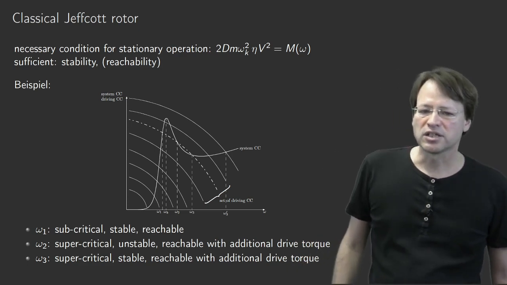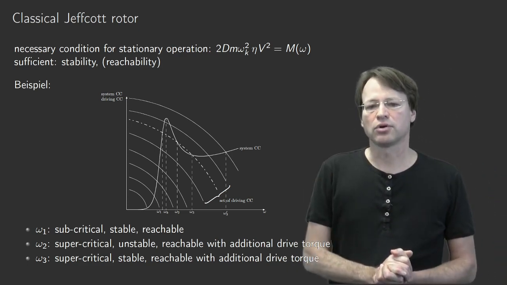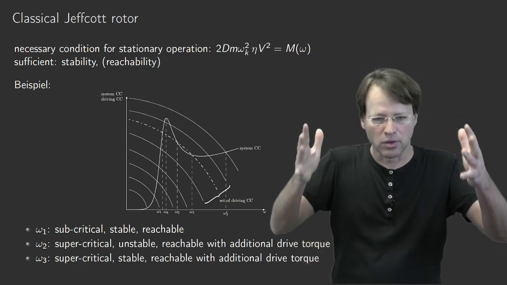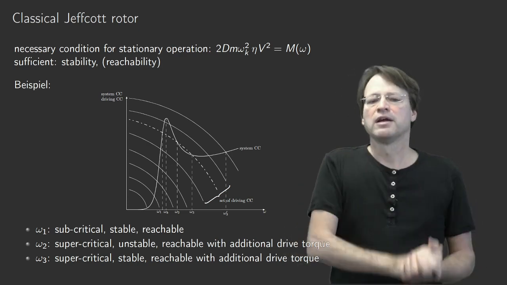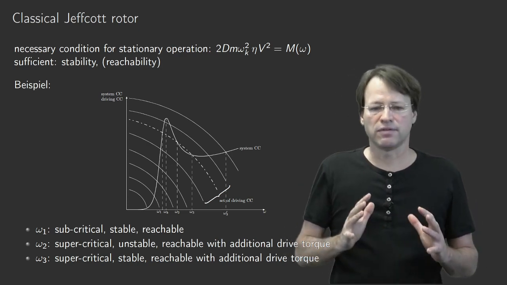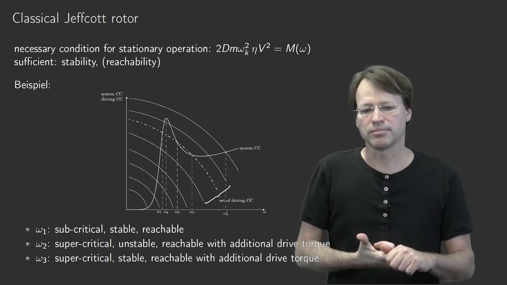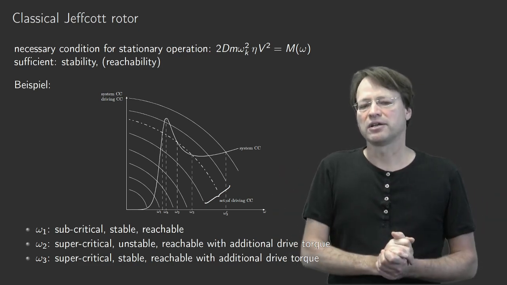Well, that's all I wanted to show you on the classical Jeffcott rotor. After stating all these assumptions, you have seen the equations of motion. You have seen that even if these equations of motion are nonlinear and coupled, you are able to solve them analytically.